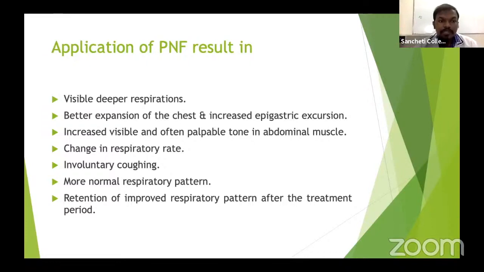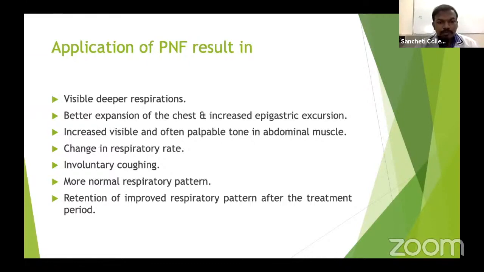Then there is increased visible and often palpable tone in the abdominal muscles. So after the treatment, if you are palpating the abdominal muscles, you can see there is an increase in tone. Also, there is change in the respiratory rate of the patient.